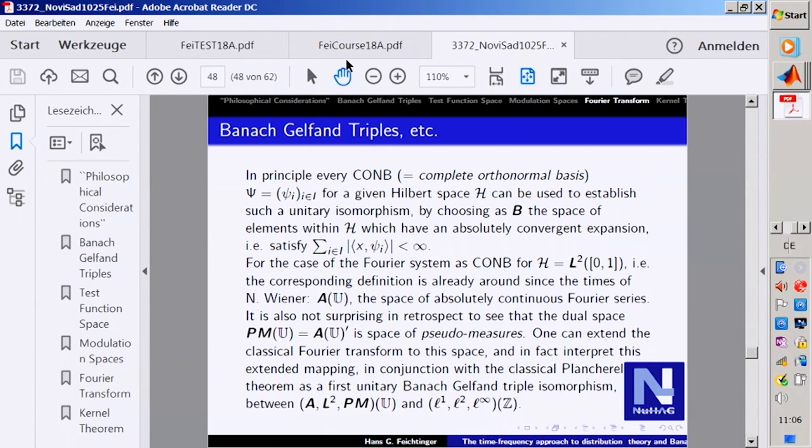My interpretation, a homemade historical comment, is that Norbert Wiener, at the time when they had understood that in L2 you have an orthonormal basis and you can describe convergence, did not know, because it was only verified by Lennart Carleson in '72, I think, in the early 70s, that the partial sums of a Fourier series for L2 functions converge almost everywhere. That was not known at the time of Wiener.